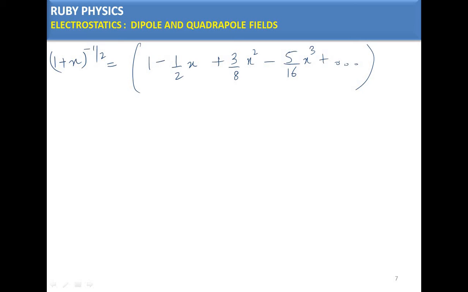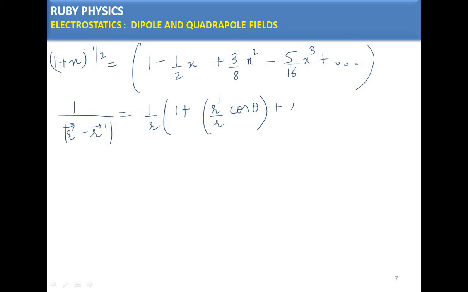by taking the powers accordingly, then you will come to the point that 1 upon r minus r dash will become 1 by r, 1 plus r dash by r cos theta plus r dash by r square 3 cos square theta minus 1 by 2.